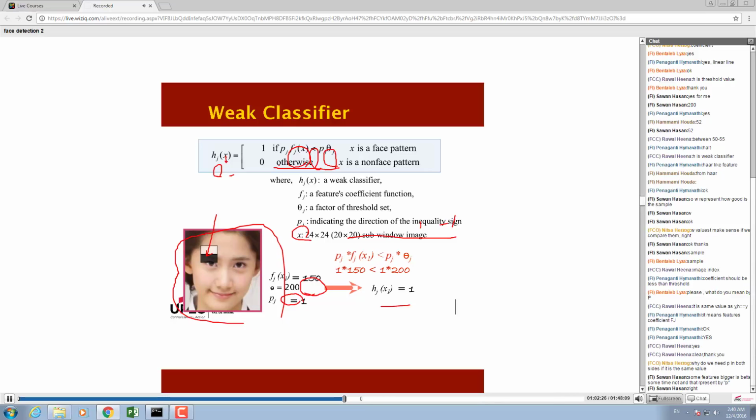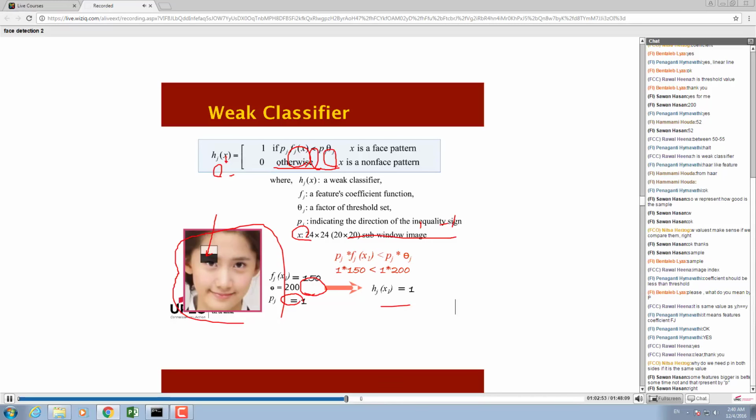In general, when f should be less than the threshold, then p is positive 1. So when we are analyzing the feature space and trying to select the threshold, we can also recognize the direction. Which side is the face? Is the less than side the face, or the larger than side?